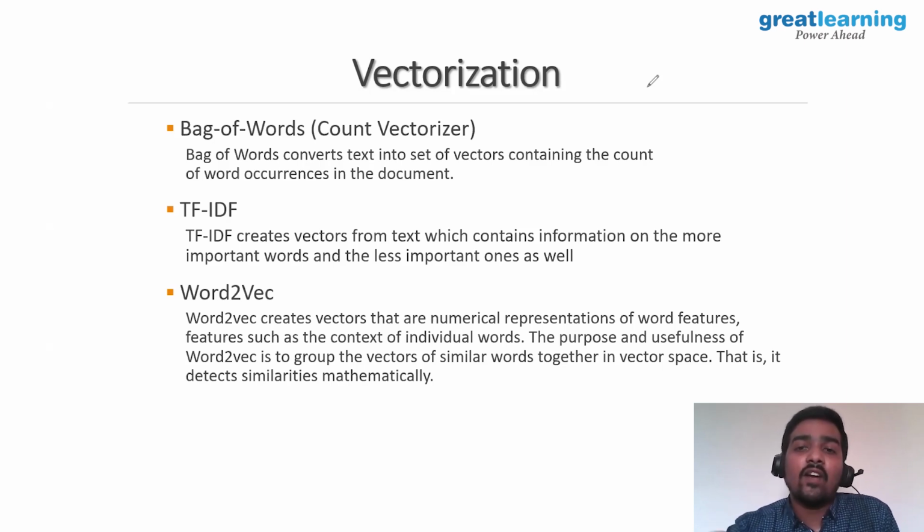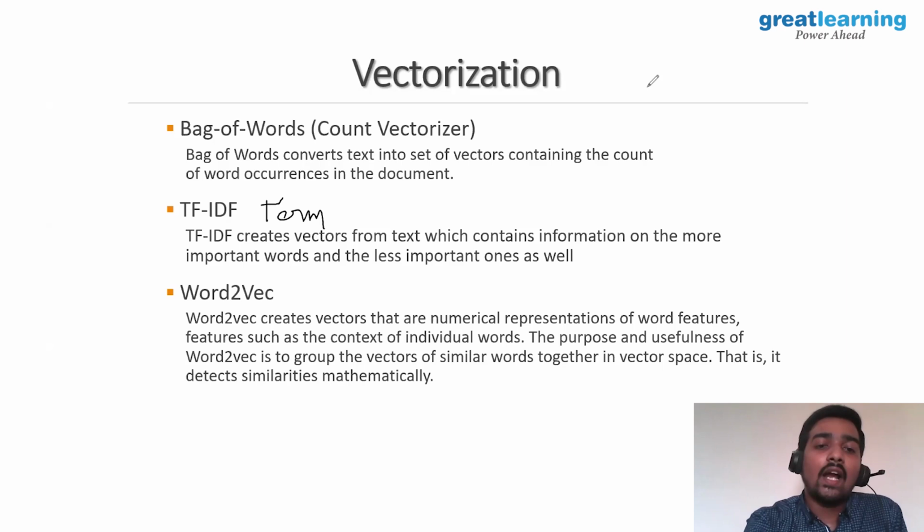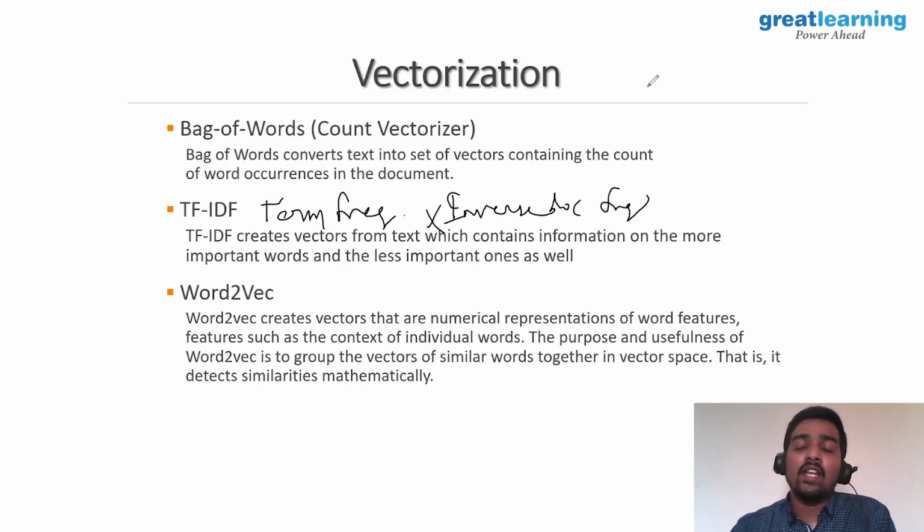If you see the TF-IDF, the first one is term frequency. TF is nothing but term frequency, and IDF is nothing but inverse document frequency. We are just multiplying TF and IDF. So if you see the formula, let's say you have a document, okay?